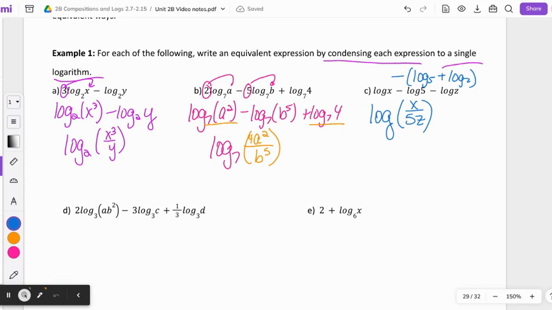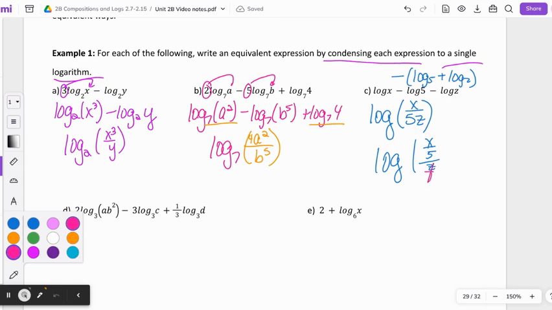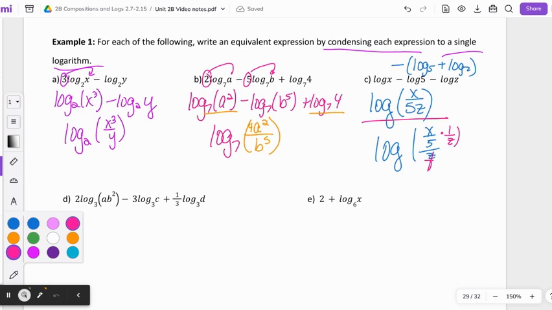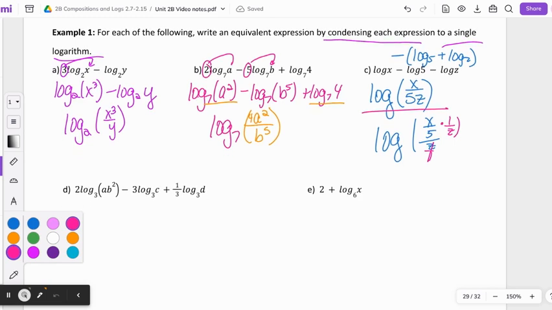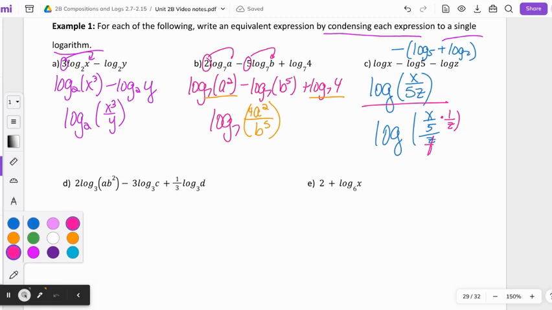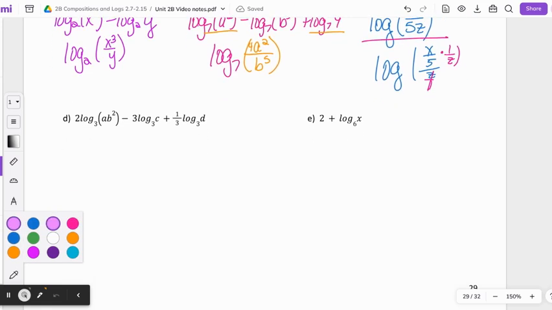Another way to think about it is you would end up with log of x divided by 5 divided by z. And since that's a complex fraction, that would be the same as multiplying by the reciprocal, which would again get that z in the denominator with the 5. To me, I like to just factor out the negative, and then I know they're both being multiplied, but in the denominator. But you can deal with the complex fraction if that's what you would prefer.